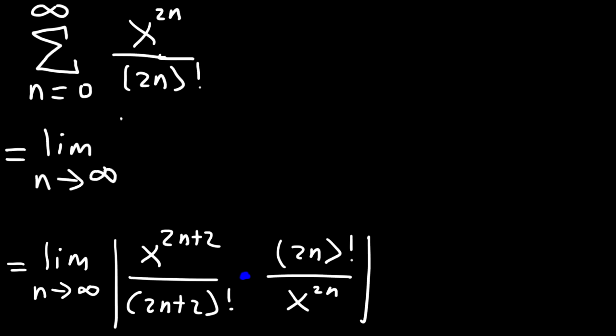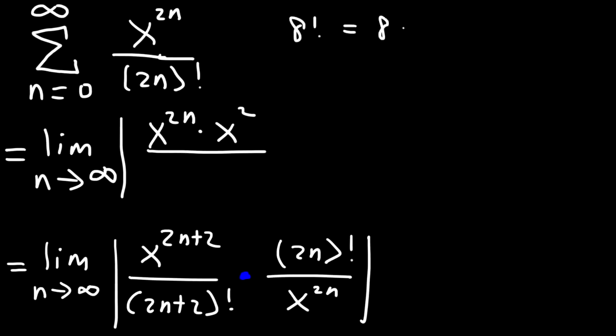Now, x to the 2n plus 2, we can separate that into x to the 2n times x squared. Now 2n plus 2 factorial. So let's say if you have 8 factorial, that's 8 times 7 times 6, and if you want to, you can stop at 5 factorial. So you have to keep subtracting 1 to get the next number. So if we start with the first number, 2n plus 2, to get to the next number, we need to take 2n plus 2 and subtract it by 1.